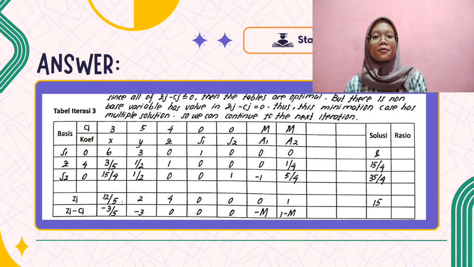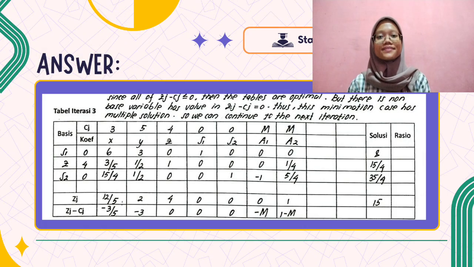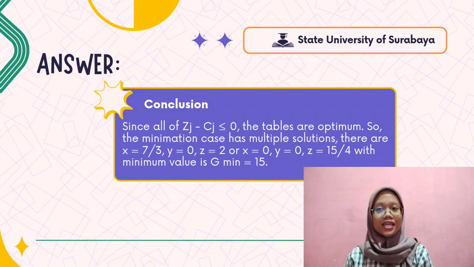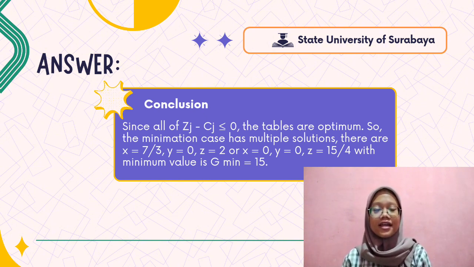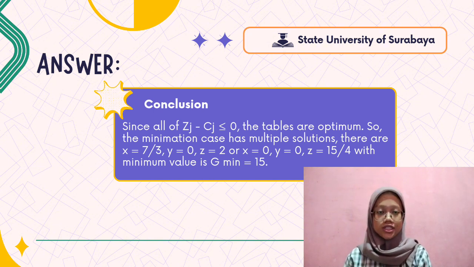And the last, determine iteration 3. The conclusion is since all zj minus cj are less than or equal to 0, the table is optimum. So, the minimization case has multiple solutions.